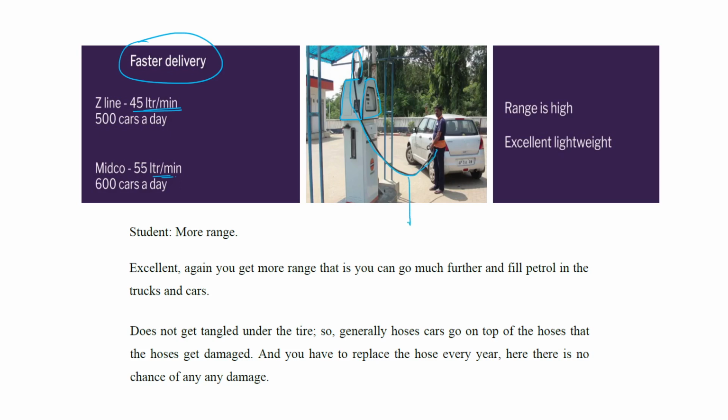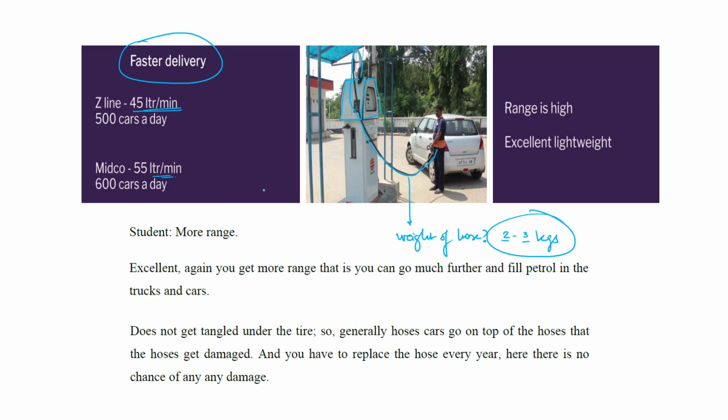Also, can anyone tell me what was the weight of the hose with the fuel? The weight of hose having fuel inside? 2 kg. Correct. It was around 2 to 3 kgs.